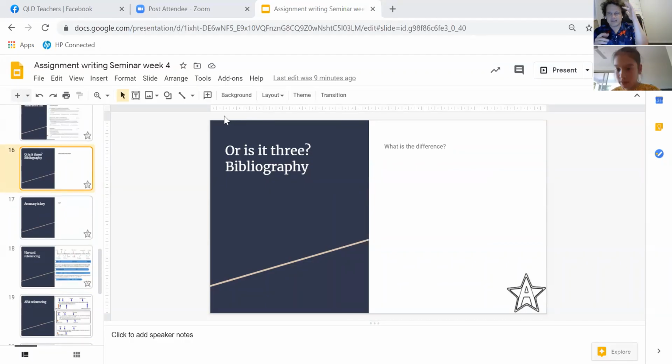Bibliography is absolutely everything that you read whilst coming up with the piece of work that you did. Most of your assignments will ask just for a reference list and not a bibliography.